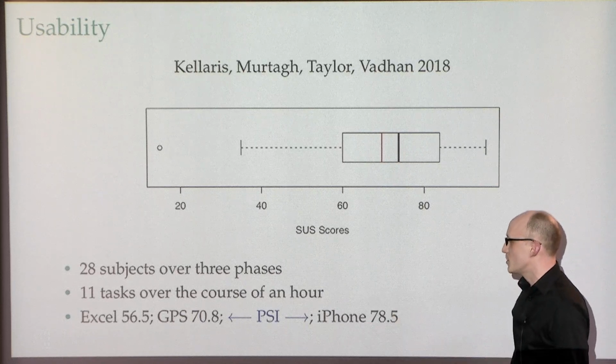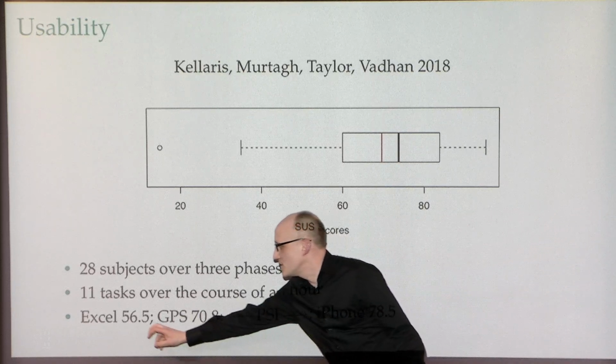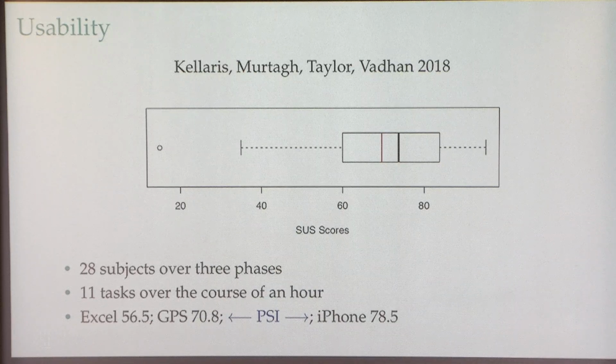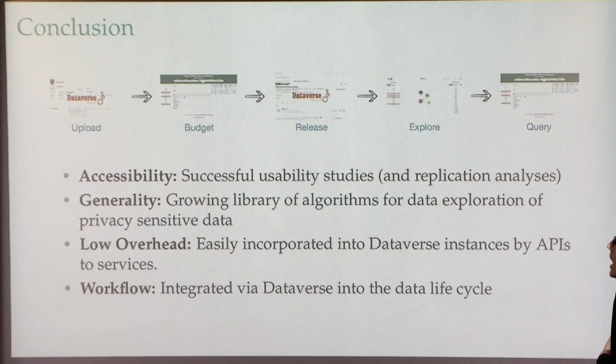So we are not as usable as your iPhone, but we are far easier to use than Excel, and applied domain scientists use Excel all the time. So that was sort of like, we'll do better than Excel. There's a paper released in archive if you want to see more about how we've been conducting usability trials.